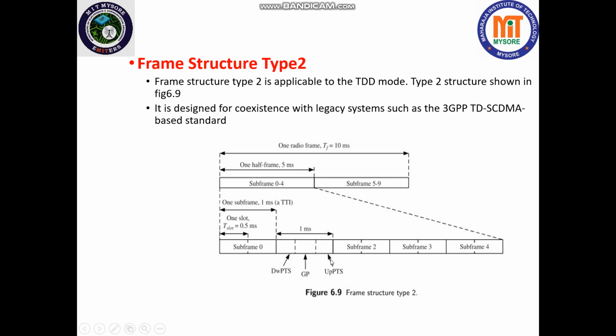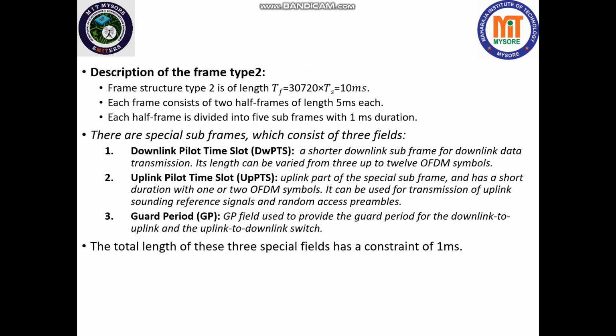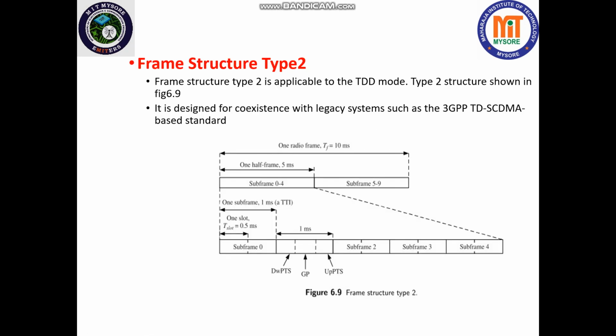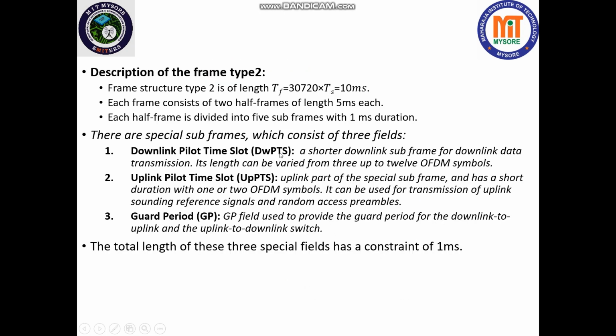Subframe 1 will be a special frame used in type 2. It has three different fields: DwPTS, that is downlink pilot time slot, UpPTS, uplink pilot time slot, and guard period.